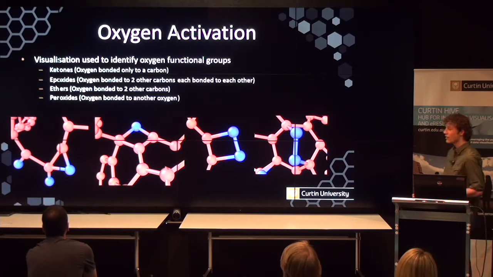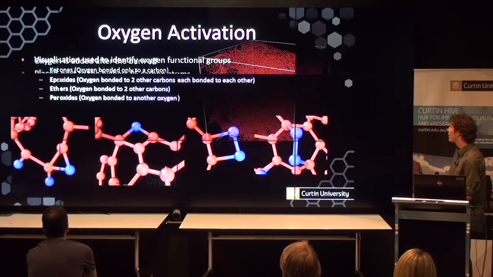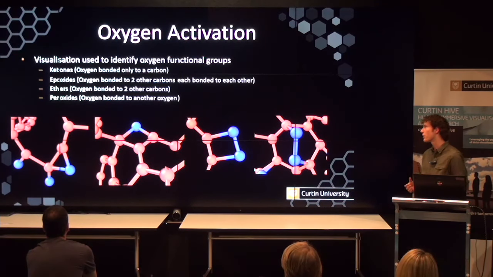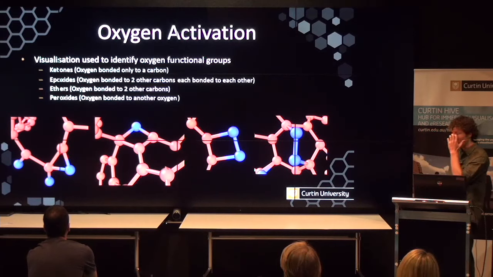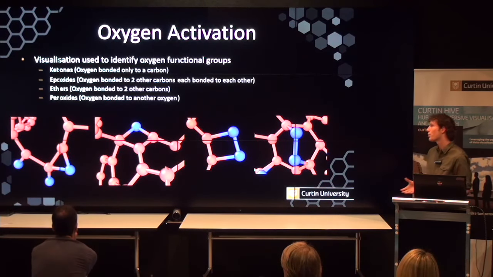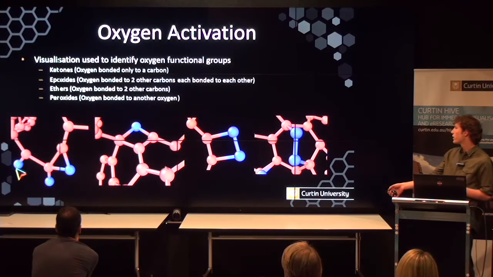So after visualizing the structure with the oxygen added, we can find the sort of bonds that the oxygen formed to the carbon structure, and we can classify these using terms from organic chemistry, such as ketones, epoxides, and ethers. So ketones are when you have an oxygen with a single bond to the carbon structure, as over here.